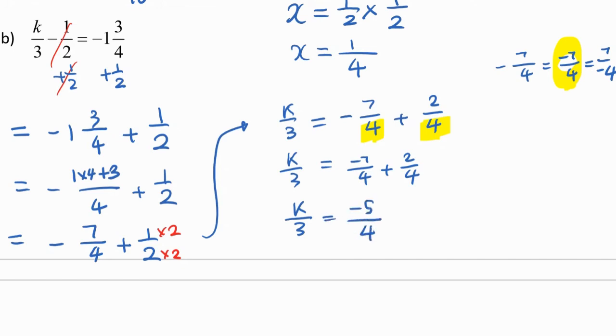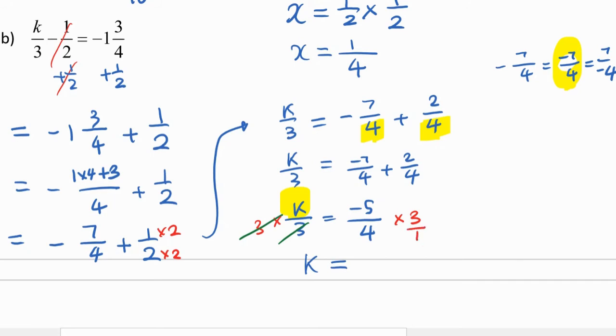And now you're going to isolate k. To isolate k, you have to multiply by 3. So let's multiply 3 on both sides. And this will be cancelled. K will be isolated. So when you multiply 3 to a fraction, you have to make it a fraction too.